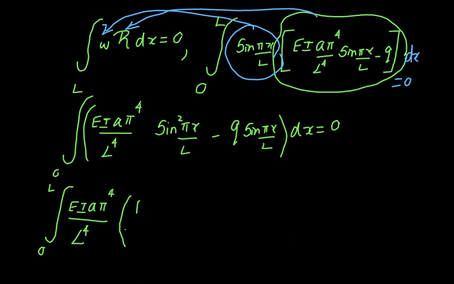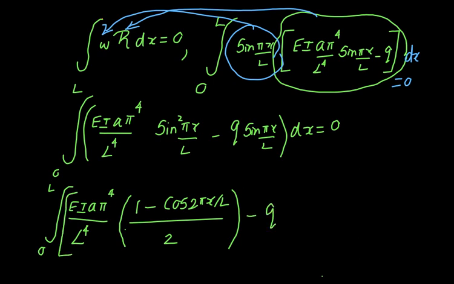Theta here is pi x over L. So 1 minus cos 2 pi x over L whole divided by 2. That looks complex, but it is actually not. Minus q into sine pi x over L into dx is equal to 0. Okay, in the next step, here we go.